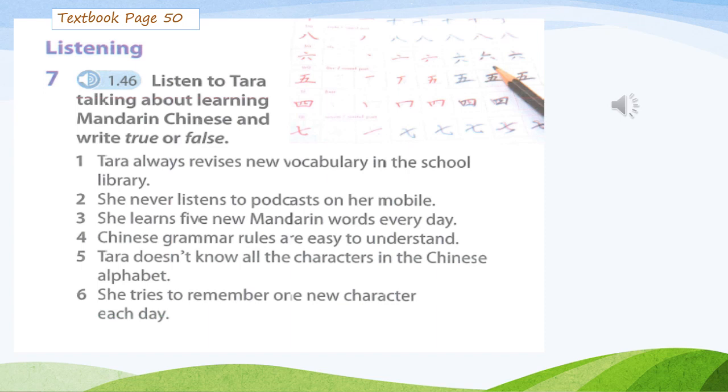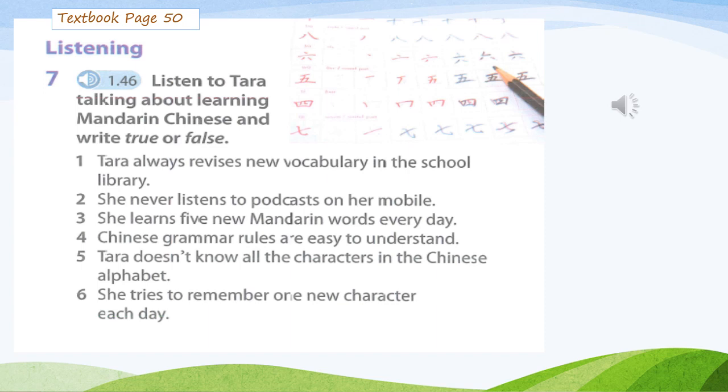I go to school by bus, and I always revise new vocabulary on the bus. Sometimes I listen to a podcast on my phone. Every day, I make a list of 5 English words, and I ask my teacher the words in Mandarin. Then I learn them.